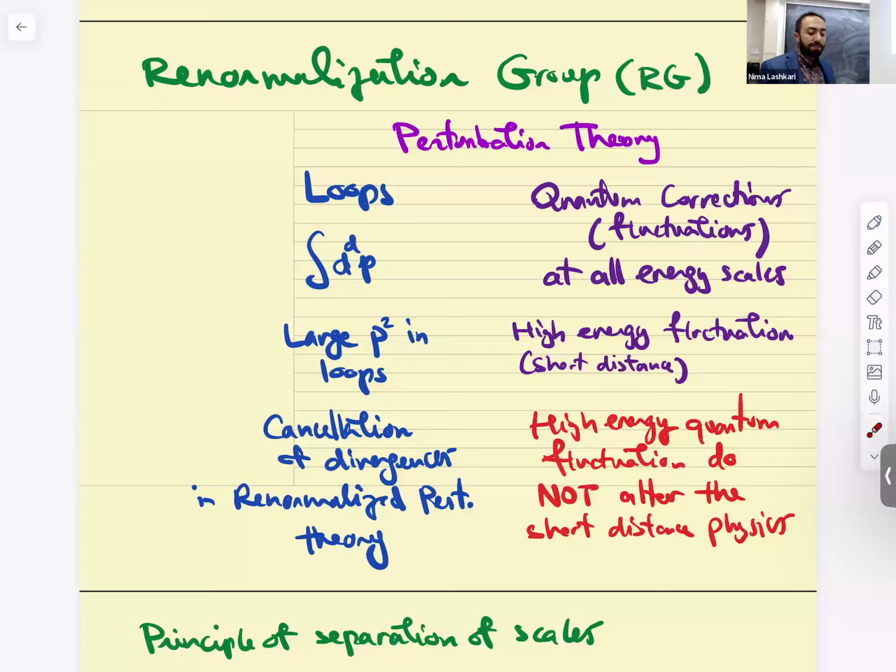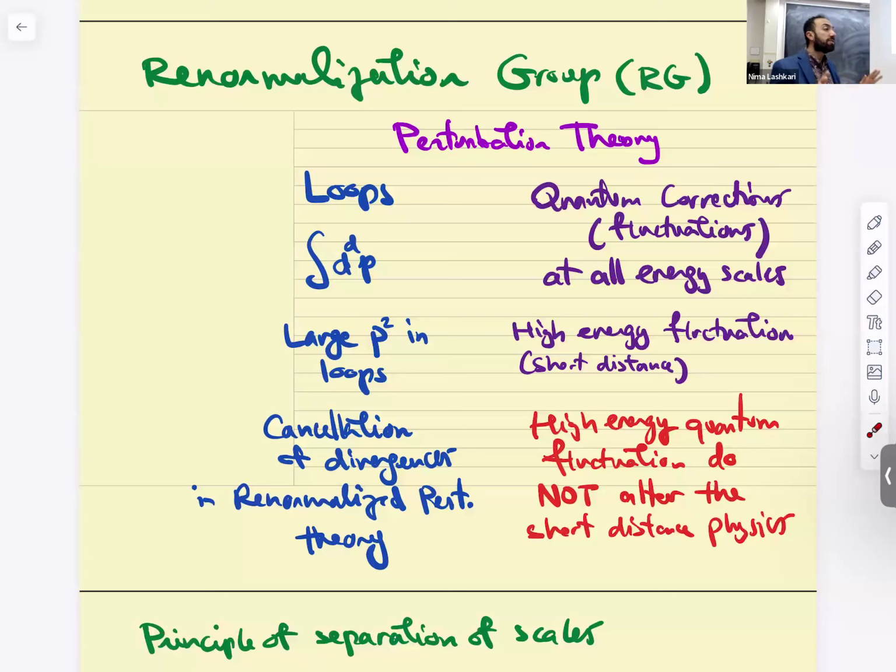So let's start renormalization group first by collecting all the physics we observed by doing renormalized perturbation theory. And then I'll zoom out, take these lessons, and connect with the principle of separation of scales that I kept talking about from part 1 of the course, QFT1. Try to make sense of it, and we're going to systematically build on top of this, okay?